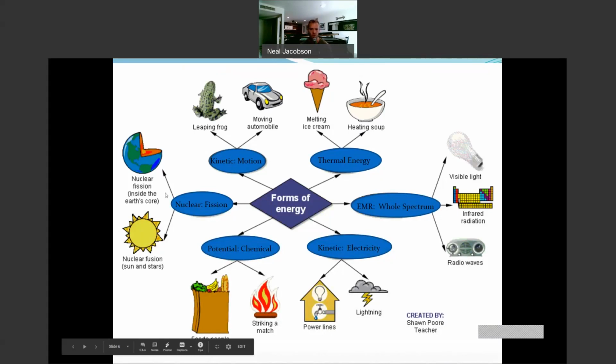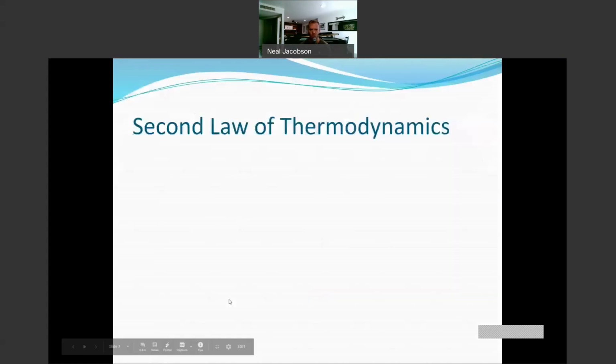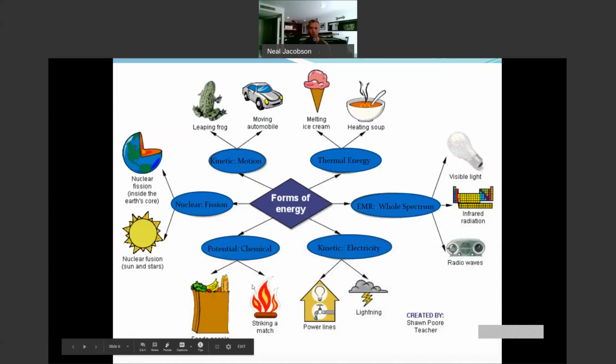We've got nuclear fission. That would be what happens inside stars where atomic masses are joined together, right? We talked about that a little bit last unit. We've got potential chemical energy. So the energy stored in the chemical bonds of a piece of wood as it catches on fire, that's chemical potential energy being released. Or better yet, what we're going to talk about more this unit is the food that you eat. When you consume foods, you have a material that you're putting into your body, and within that material, there are bonds that are storing energy.